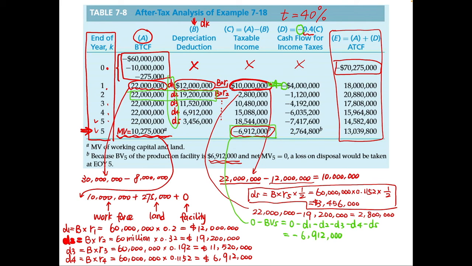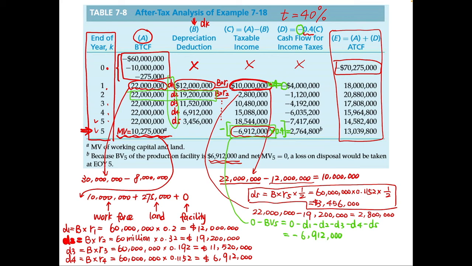Okay, and so on. And this last one is negative 6,912,000 times 0.4, but you need to give it a negative sign. So negative times negative is positive. Okay, so that's how you get this column for D.